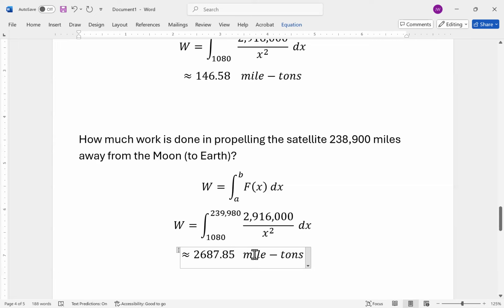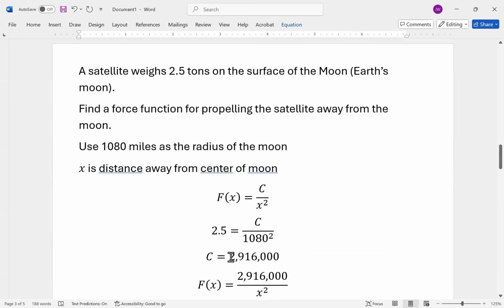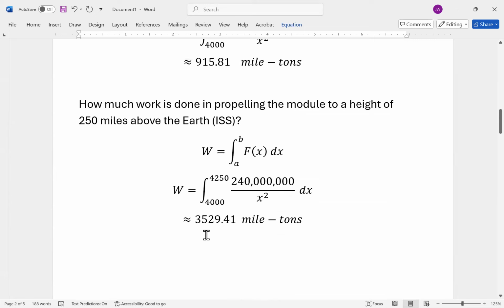Interestingly enough, what that's telling us is that without any other factors, a lot less work is done shooting something from the moon to the International Space Station than shooting it from the surface of the Earth to the International Space Station.